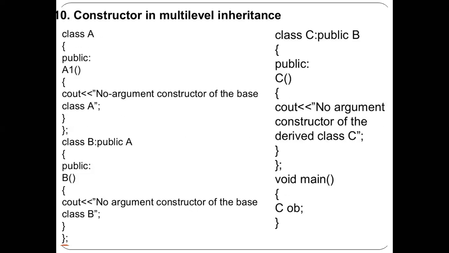And last is the constructor with multi-level inheritance. As you can see, we can implement a constructor for every inheritance where we are going to perform some operations, and with these constructors we can perform the different operations that are inherited.